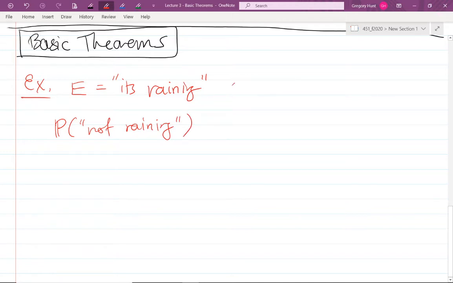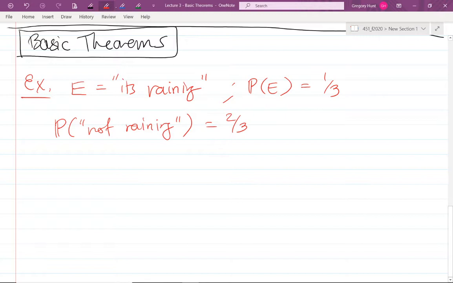And let's say the probability of E, the probability it's raining, is a third. If I want to calculate the probability, quote, it's not raining, I'm abusing notation here. What should it be? It should be 2/3, right? Our intuition says, yeah, that should be 2/3.